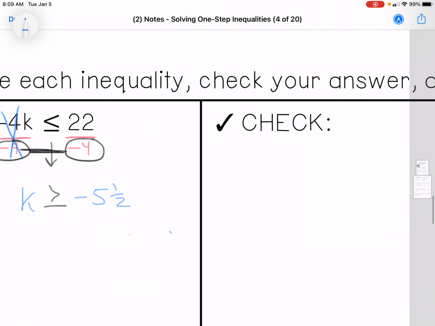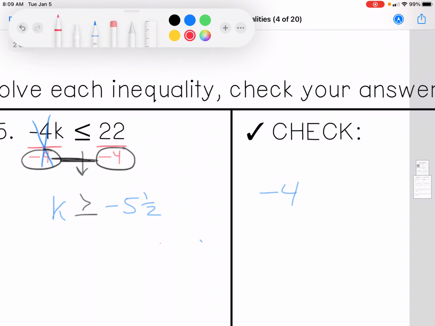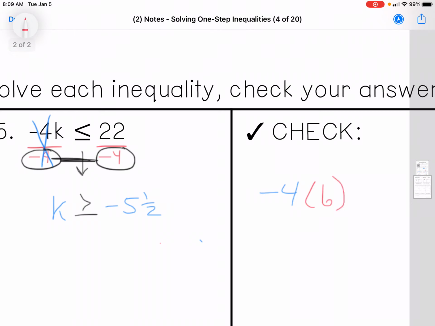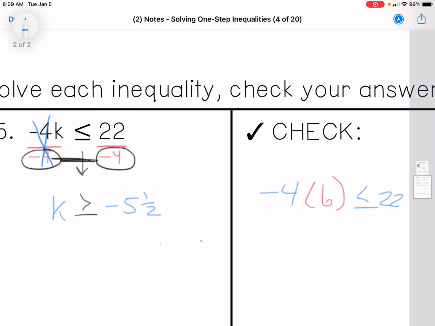Okay, so to check our work, we pick any number greater than or equal to -5.5 to see if it works. I'm gonna pick 6 because I don't like 5.5. Okay, so we're gonna do -4 times 6, is that less than or equal to 22?